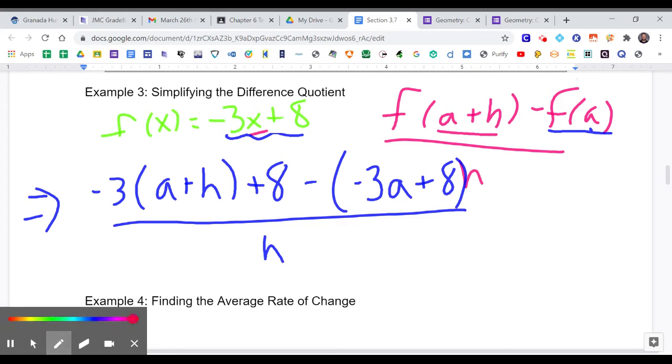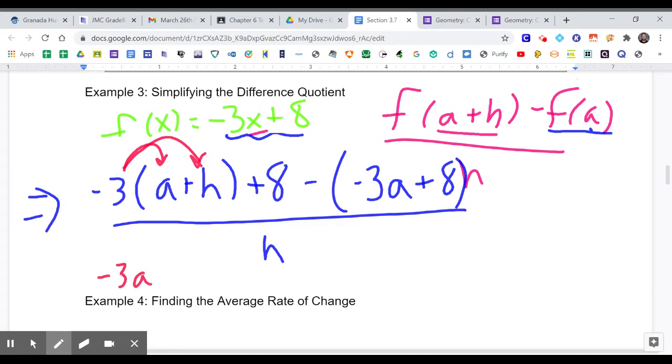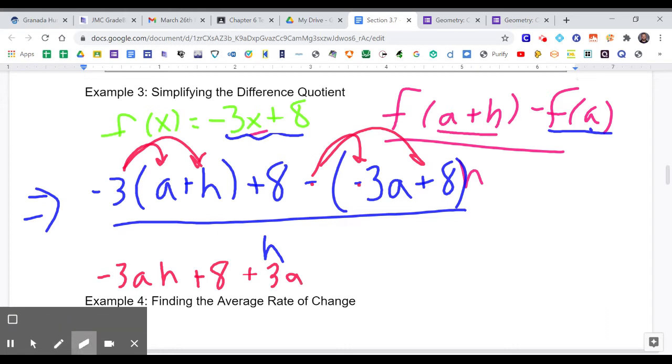So we simplify it out like we would do any problem. Negative 3 times a, negative 3 times h. So it's negative 3a minus 3h plus 8, okay? And then minus a negative. Remember, we have to distribute the negative sign. So minus a negative is plus 3a. Actually, you know what? Strike that for a second.